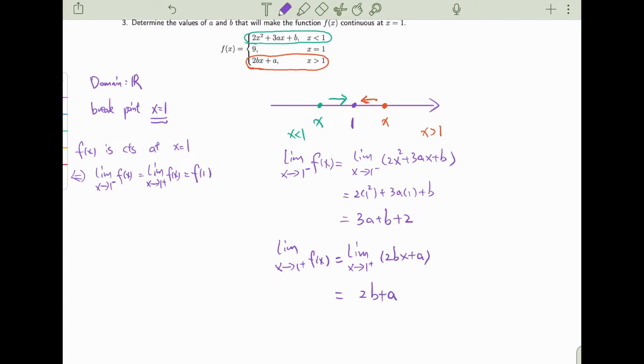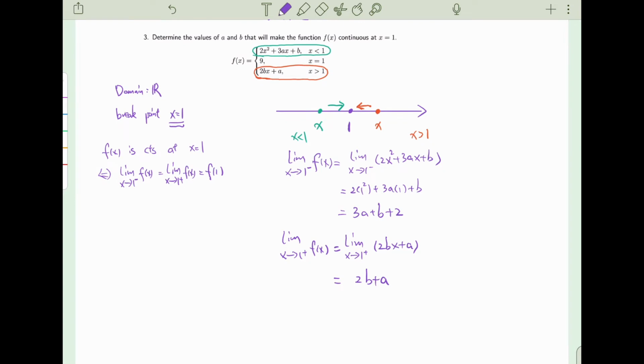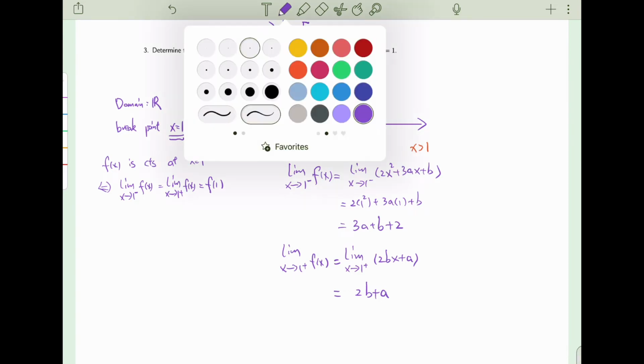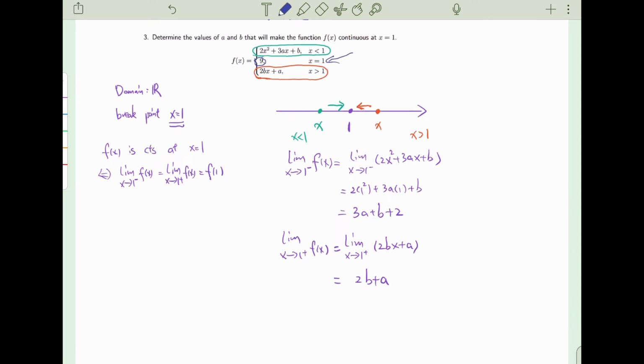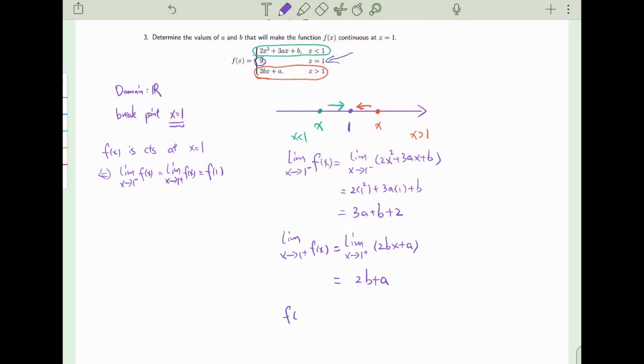Okay, that is my right limit in terms of a and b. And we know the last step is to find the value of the function. So the value of the function evaluated at 1 is going to be 9 here by the definition, right? So I have now f(1) equal to 9.